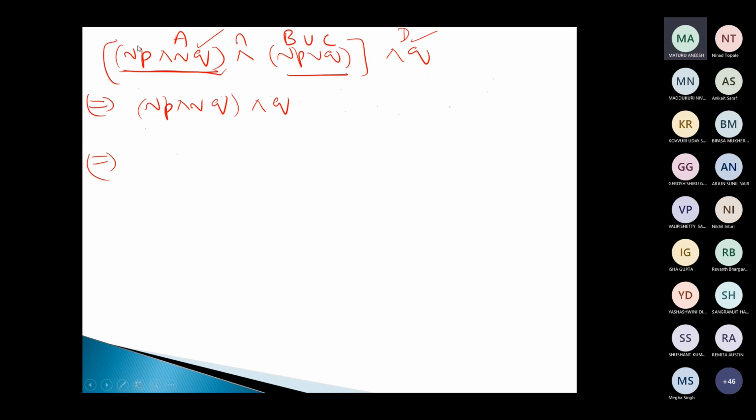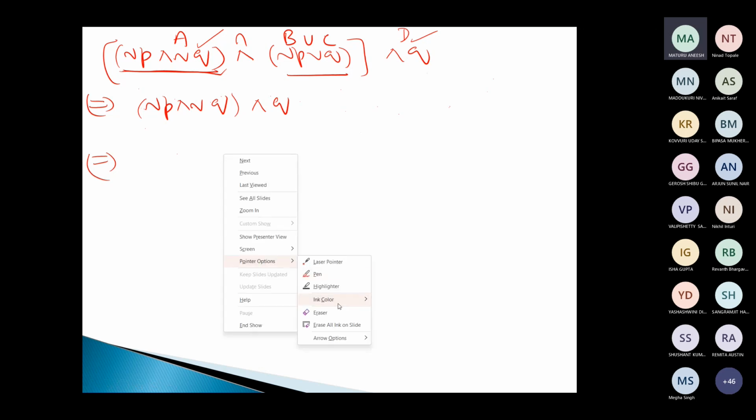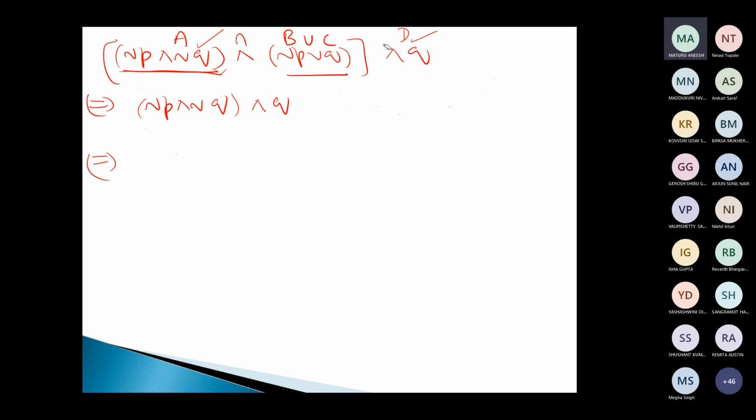I'll erase all the top things so that it will be easy. This is A, this is some B, this is some C. So A intersection B intersection C. I'm just rearranging: first A intersection C, then intersection this one.